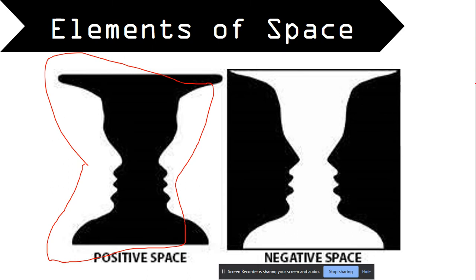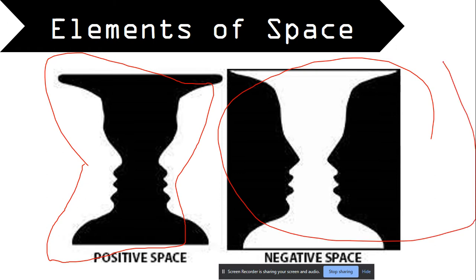Then with this negative space, how we see it is two faces facing each other or looking at each other. So color itself has something to do with this one. It's a shape itself likewise.